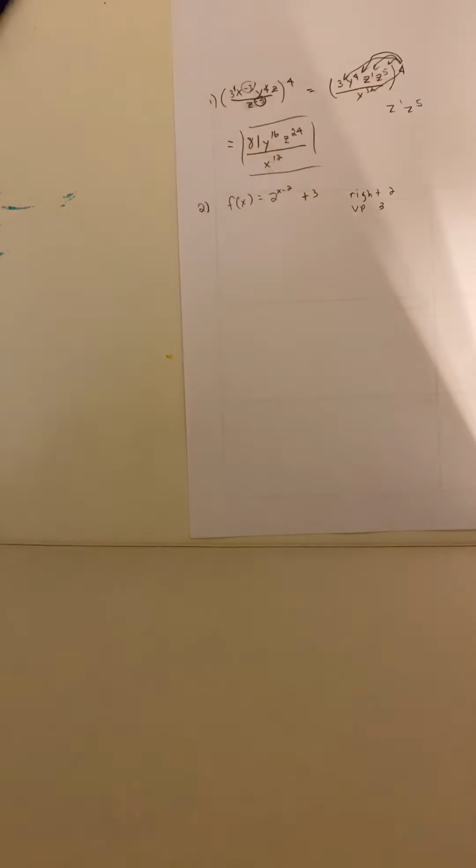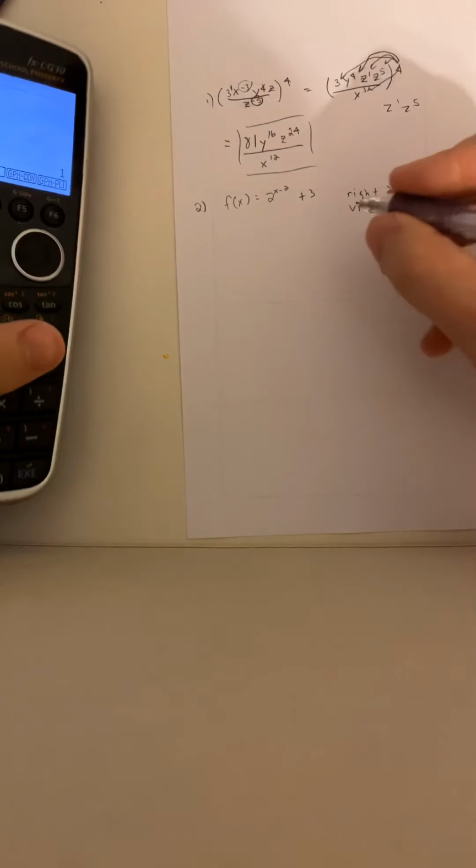So we pull out our calculator. And we go to menu 7 to plug that in, and we get that we have a table.